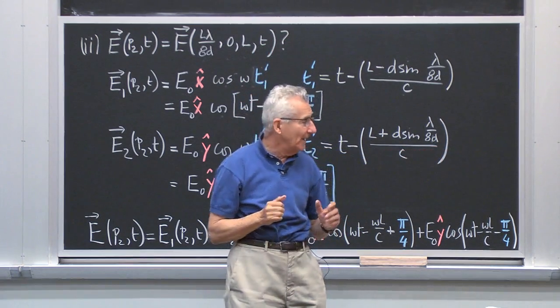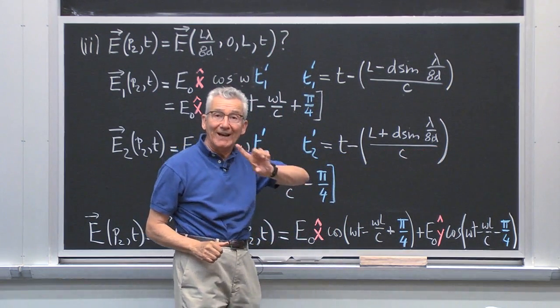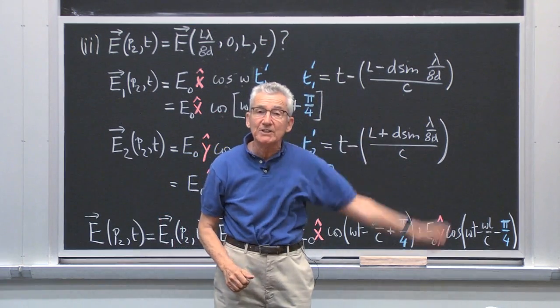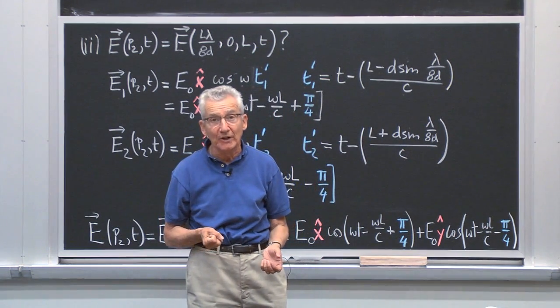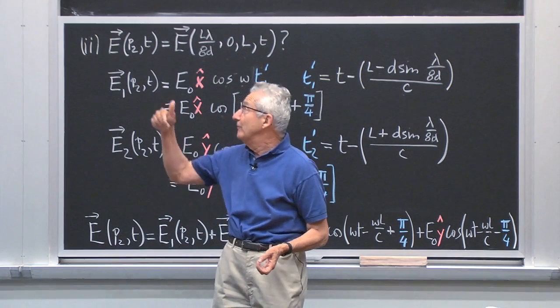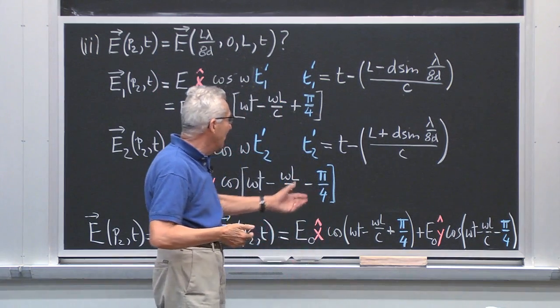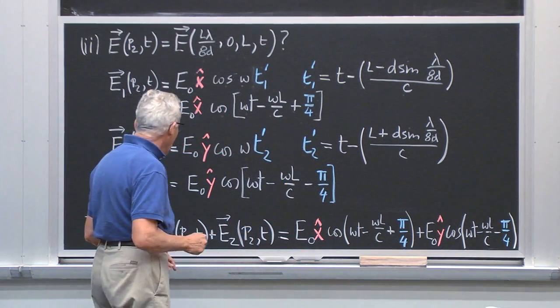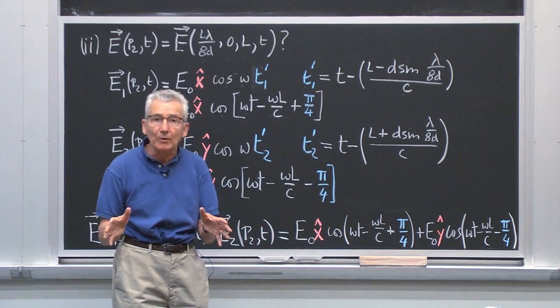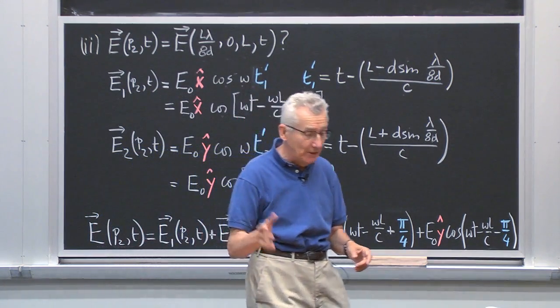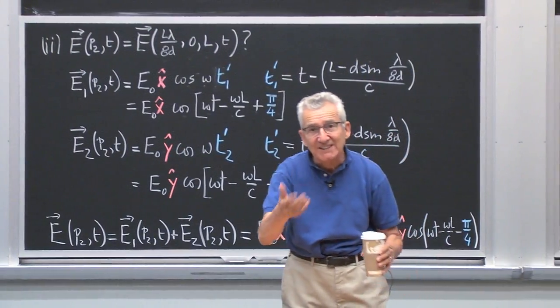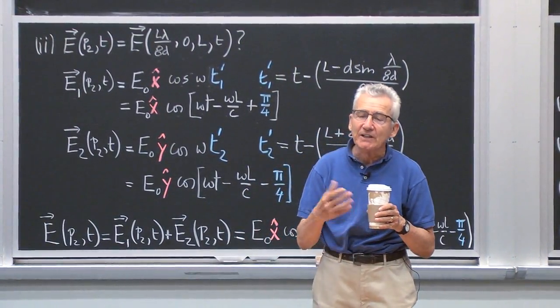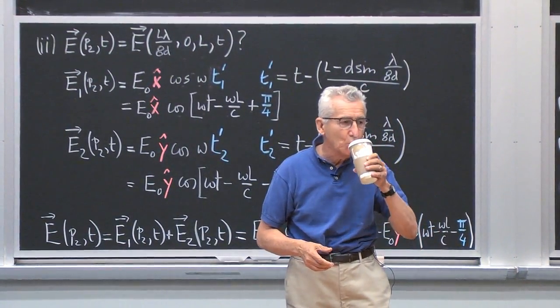Okay, so they're out of phase, and if you add the two up, you get something doing this, which we call circularly polarized light. And that's why I chose that crazy angle, because it came out like this. Okay, so that's the end of that problem. I'll now do another one, to emphasize some technique, a different technique of doing it.